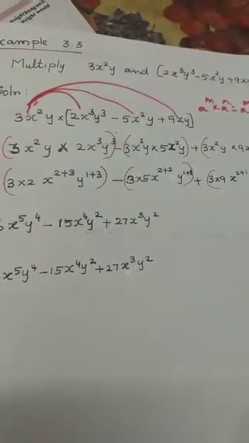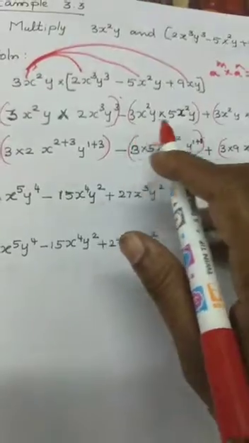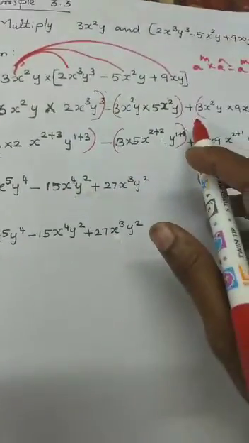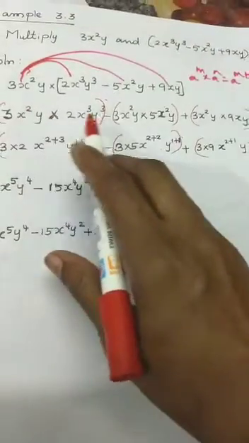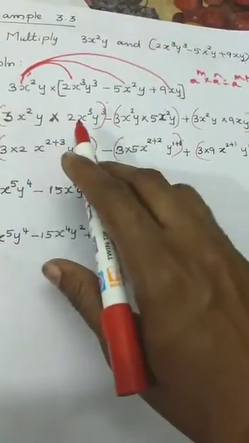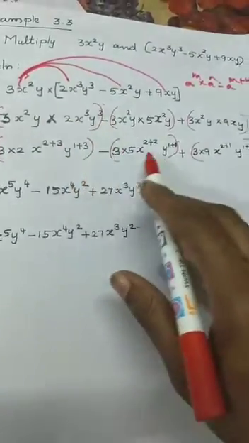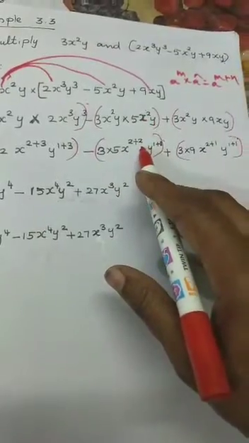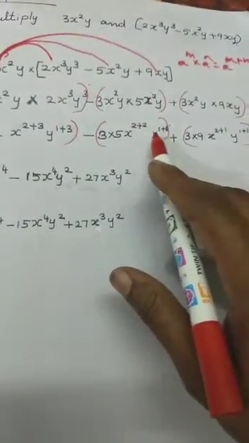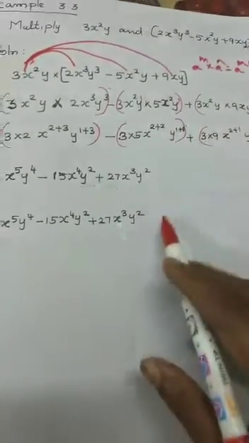Okay. So you take the constants also. 3 2s are 6. Then 3 5s are 15. Then 3 9s are 27. Now x square, x cube, so 2 plus 3. y power 3, so 1 plus 3. Then x square, x square, so 2 plus 2. y power 1, here also y power 1, 1 plus 1.